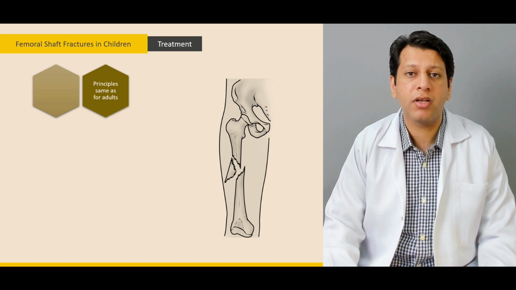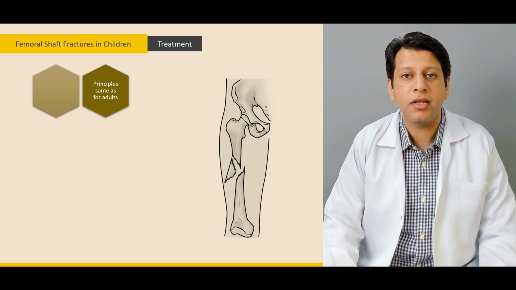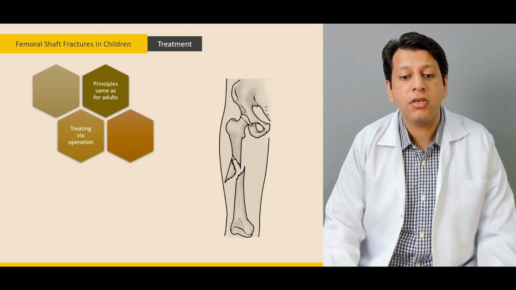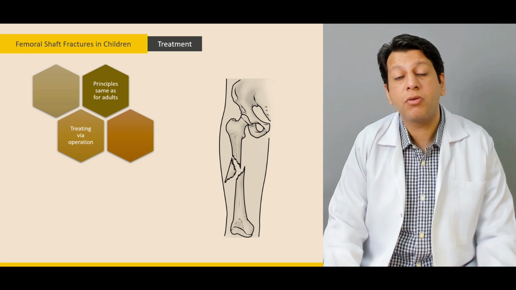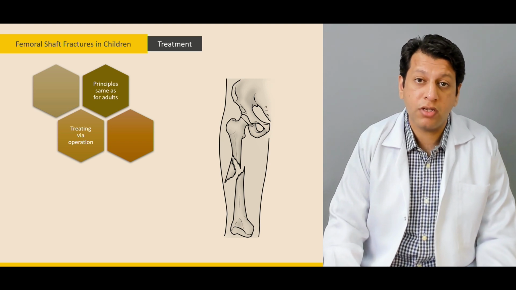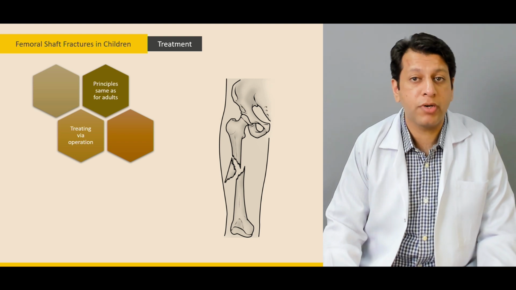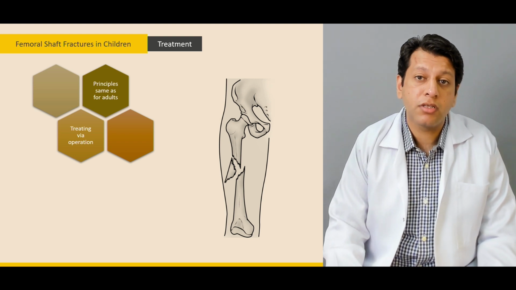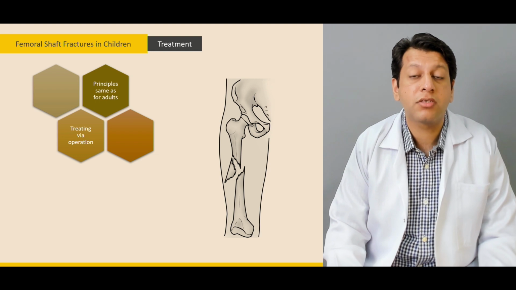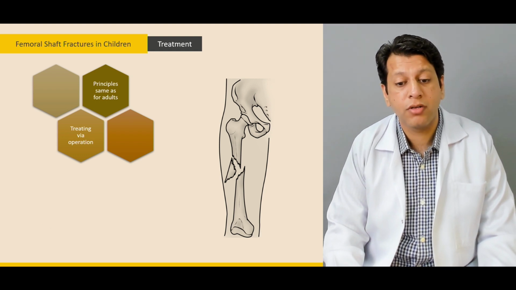Just apply the Pavlik harness and give conservative treatment. If the child is more than 5 years of age, then you need to look at whether to go for operative or non-operative treatment. That depends on the type of injury and whether the physis is open or not.